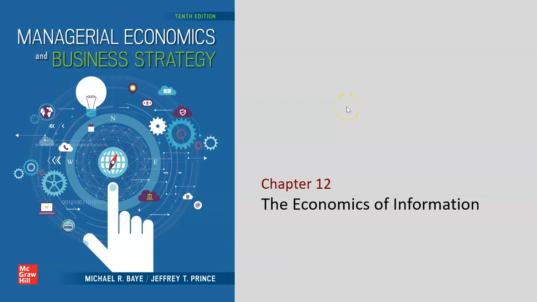Chapter 12 of the Bay and Prince textbook is titled The Economics of Information. Its focus really is on when there is uncertainty facing consumers and business firms.